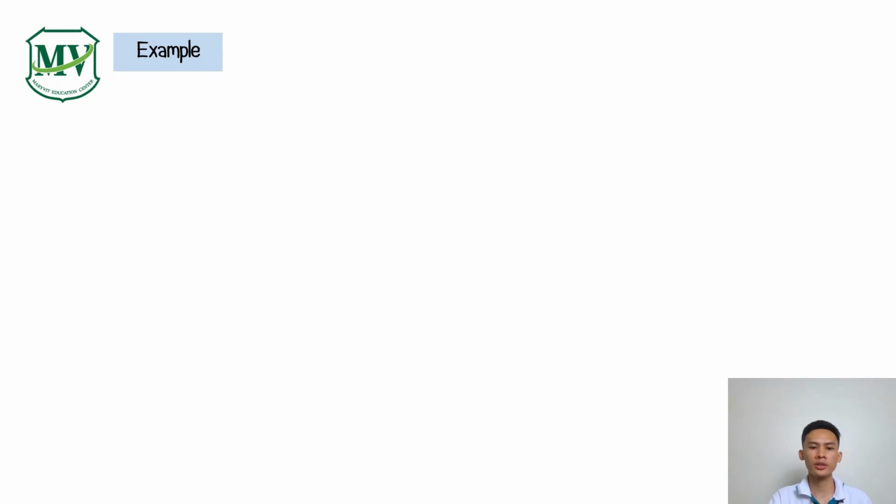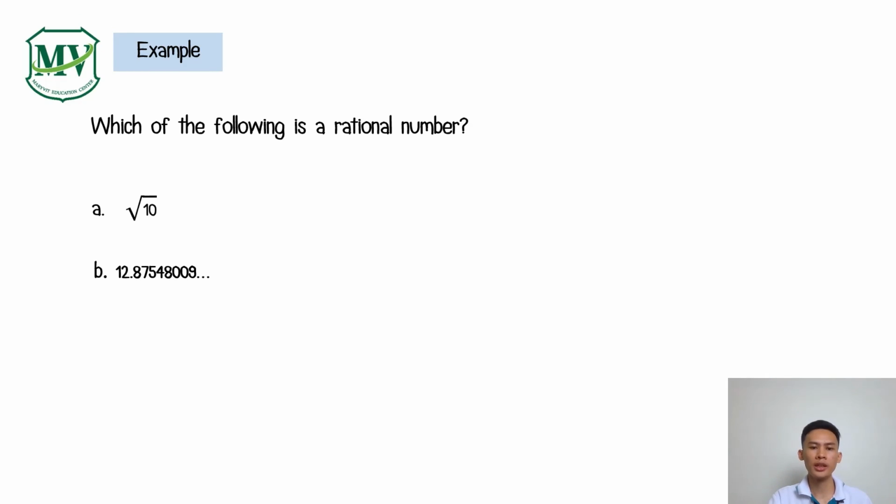Let's go to our next question. So the question is, which of the following is a rational number? Letter A, square root of 10. Letter B, 12.87548009 and so on.